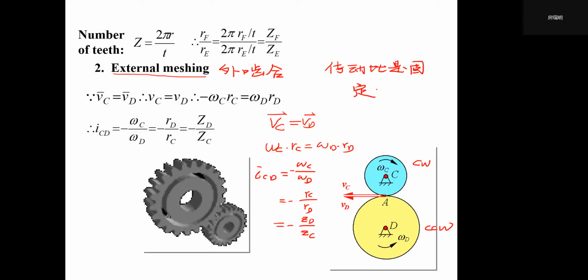You know why? Because it's always equal to the ratio of the numbers of teeth. Because this ZD will always be a fixed integer, and ZC also another fixed integer, because actually metal material, 金属材料, is used to manufacture these gears.